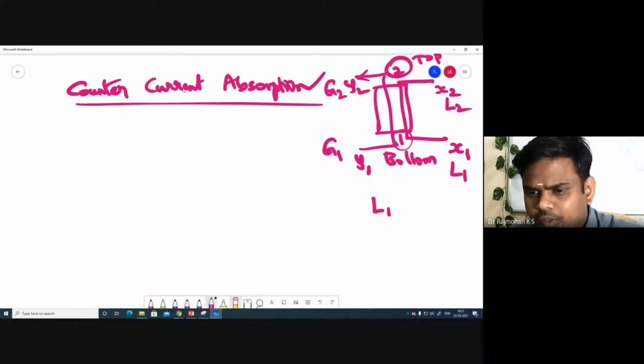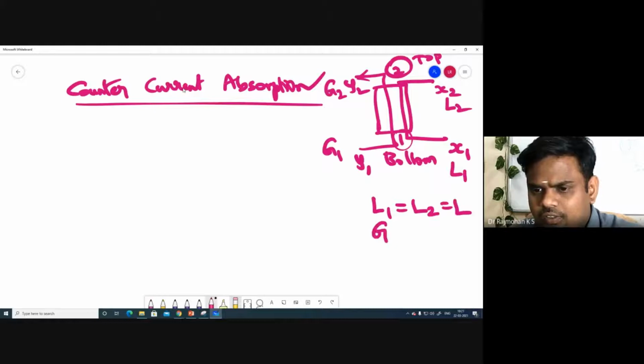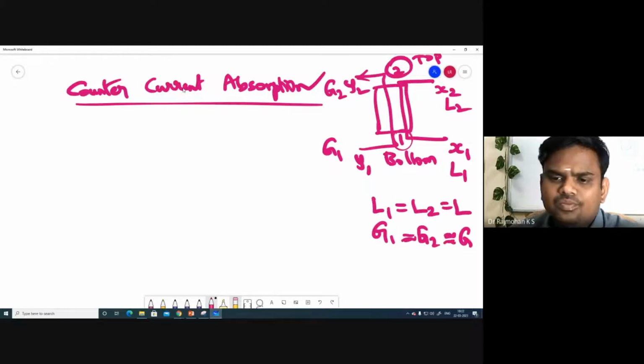By constant molar overflow we have L1 equal to L2 equal to L, and G1 equal to G2 equal to G.